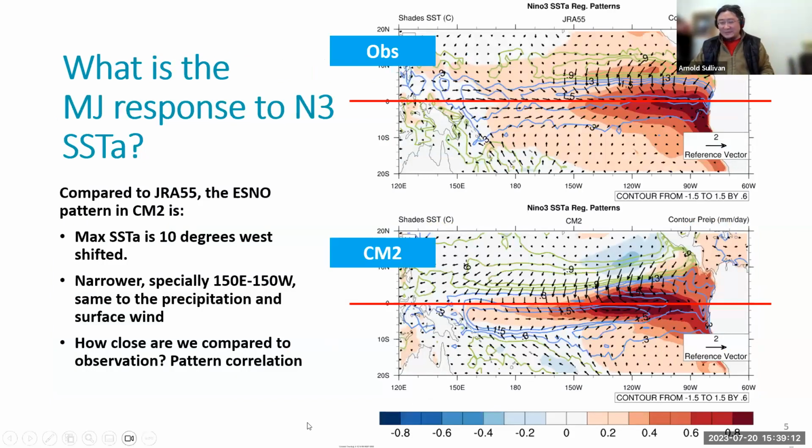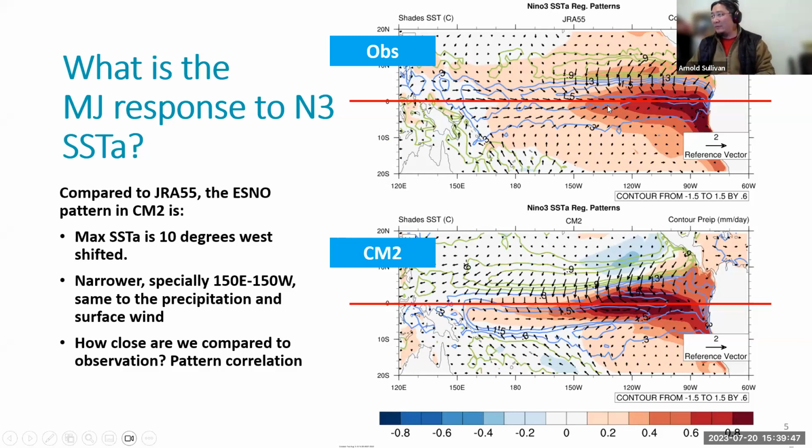Before I start, I just want to direct everyone's attention: if you are standing at the NINO3 region and trying to see what drives you, the SST will be the shading contour, the blue contour is the precipitation, then the positive and negative are in the green contour line, and then the wind stress and wind speed are shown here.